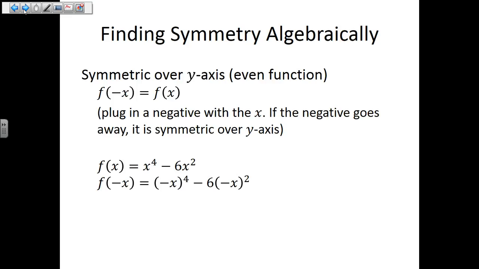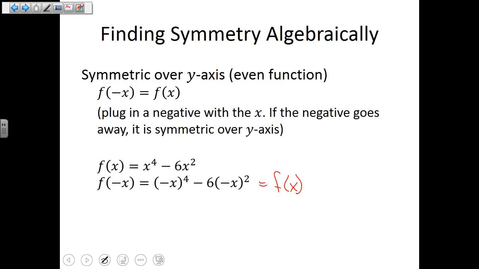That even power of 2 basically throws that negative away. So those negatives are not saved, and we say that this function is equal to our original. Even after I plug those negatives in, it's just equal to what it originally was. So this is our test for algebraically determining if it's symmetric over the y-axis.